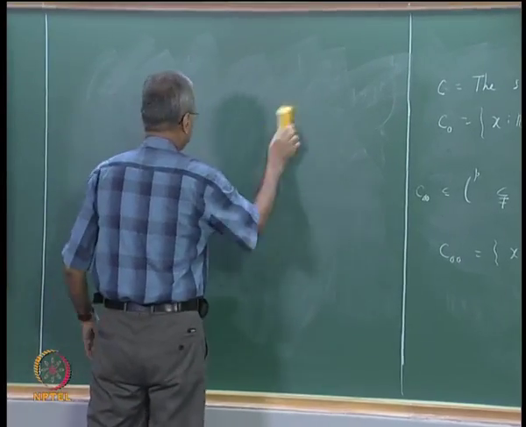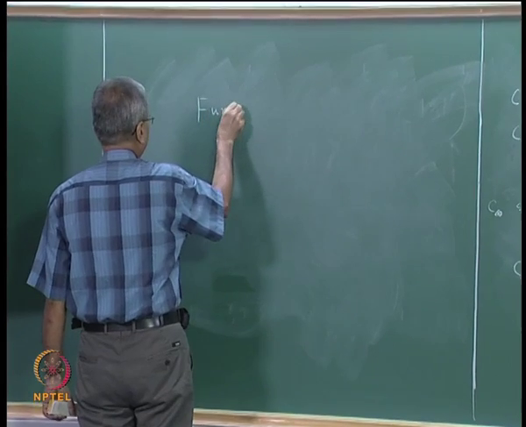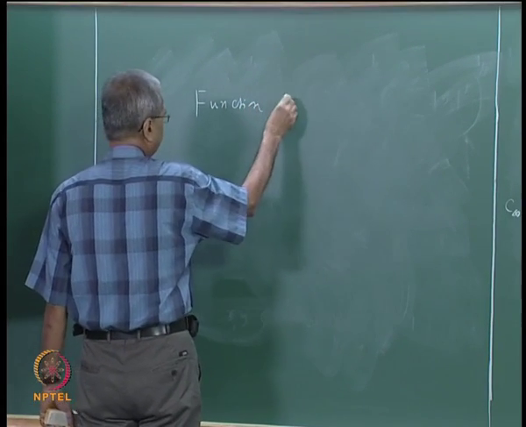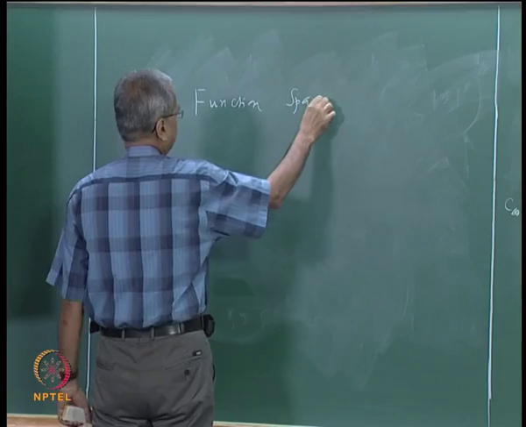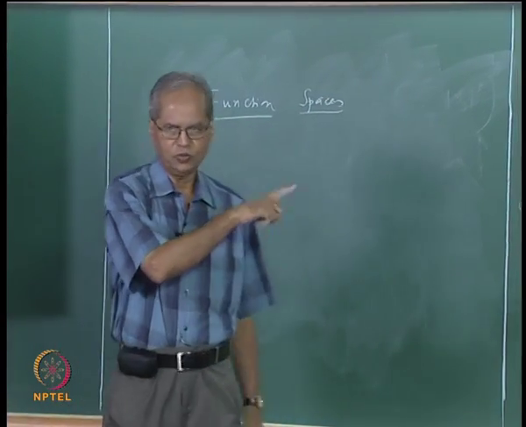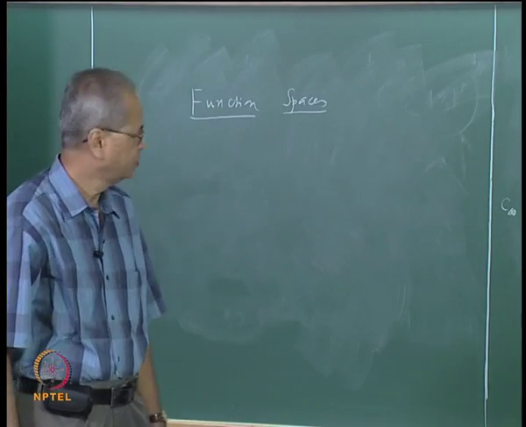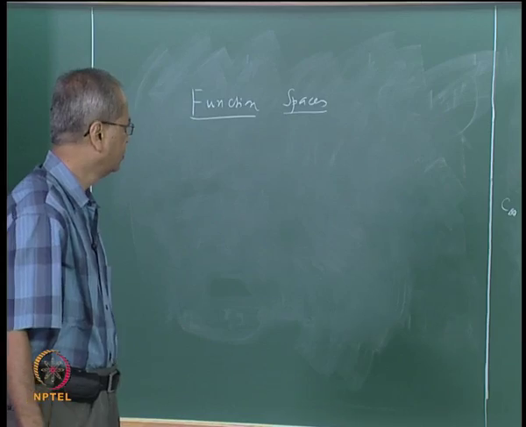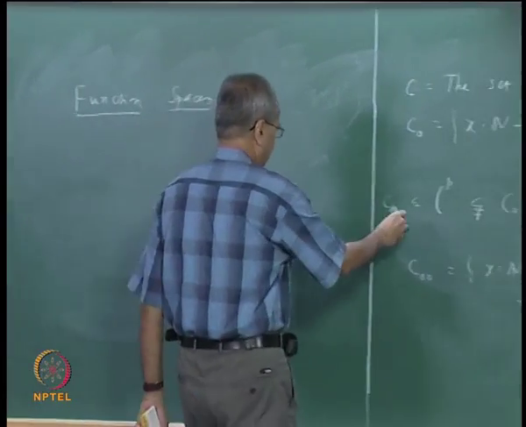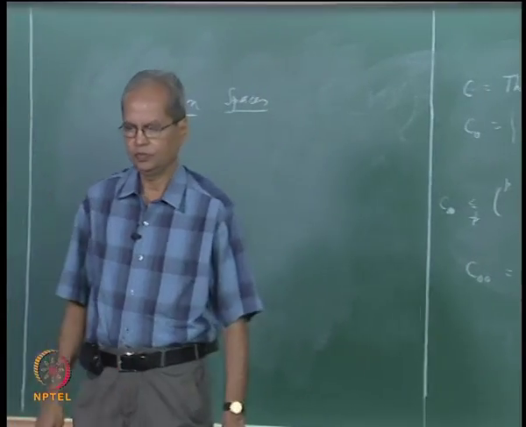Those are called function spaces or spaces of functions. Here also it is possible to go through various spaces like this. C double dot properly contained. Yes, this is also properly contained, right.